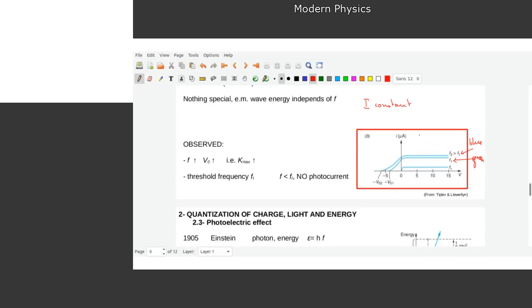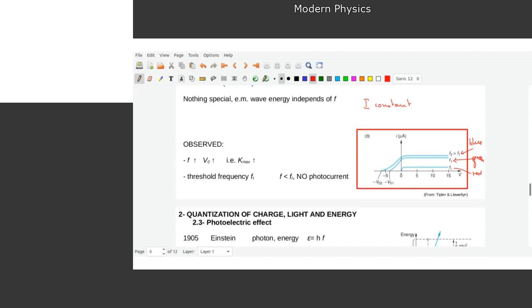You have the intensity, okay? And the third thing is, if you decrease the frequency instead of increasing it, and let's say you go to the red, there is some frequency where you won't observe a stopping potential.